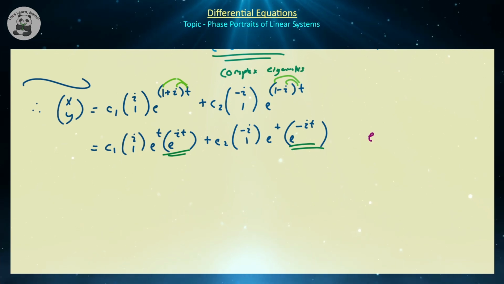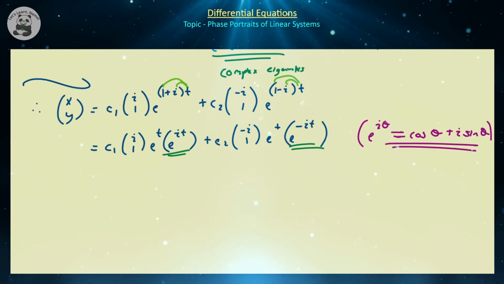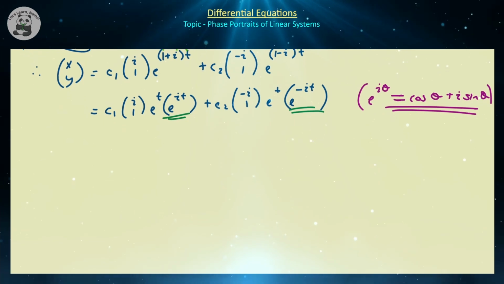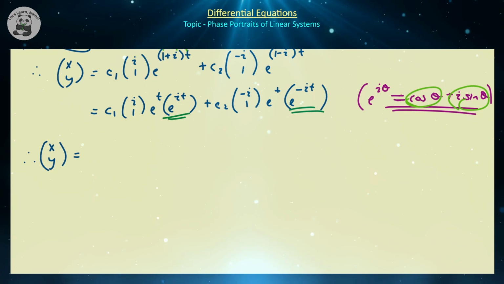So you may remember that e^(iθ) is equal to cos θ plus i sin θ, which is sometimes referred to as the Euler-Cotes identity, and the proof of that via Taylor series is pretty straightforward. So using that identity and the fact that cosine is an even function and sine is an odd function, we can re-represent our solution in terms of sines and cosines.